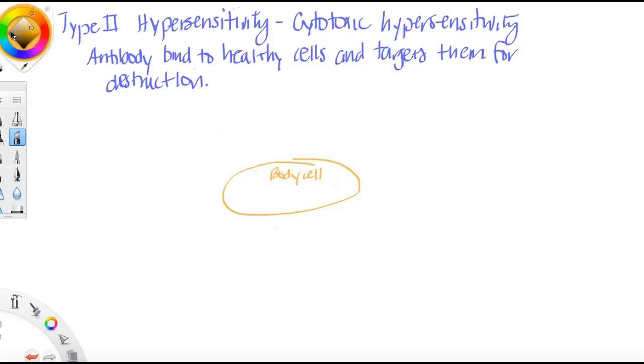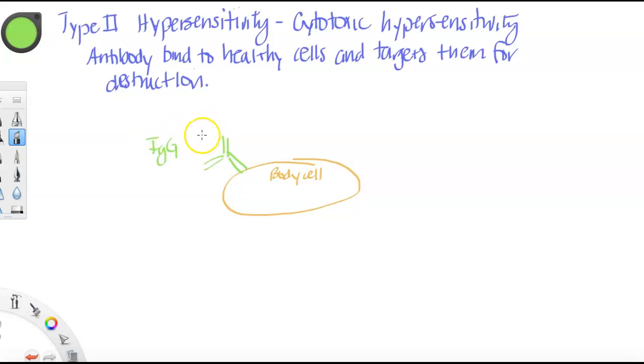So these are going to be IgG antibodies. These are IgGs. And there are different things.